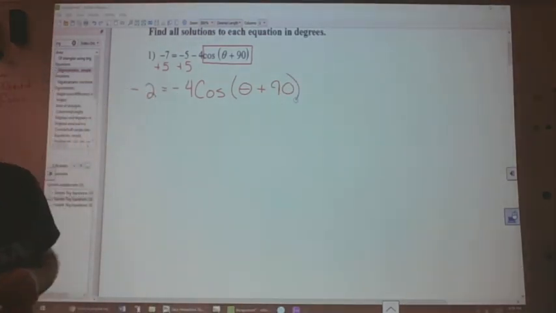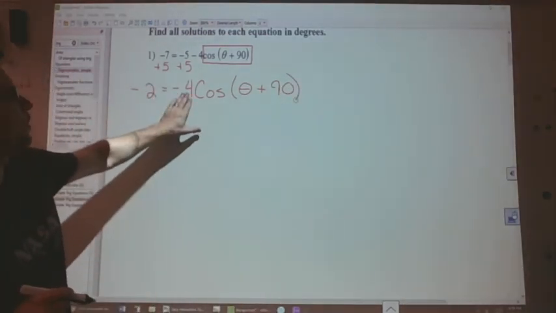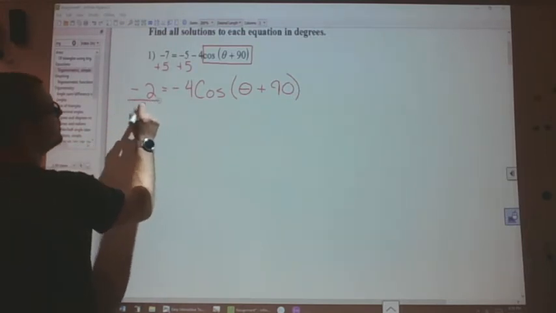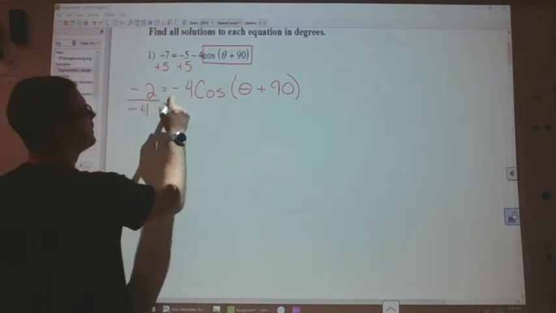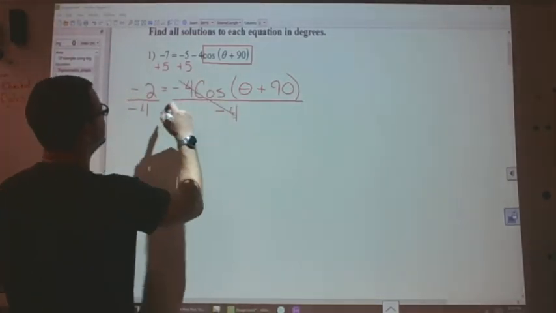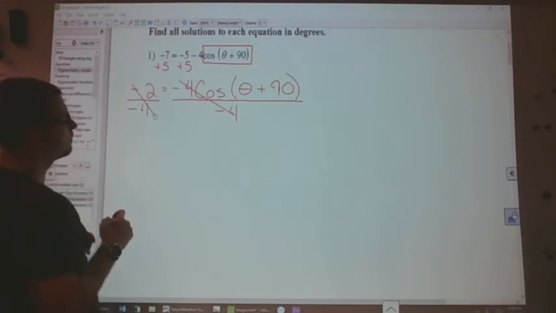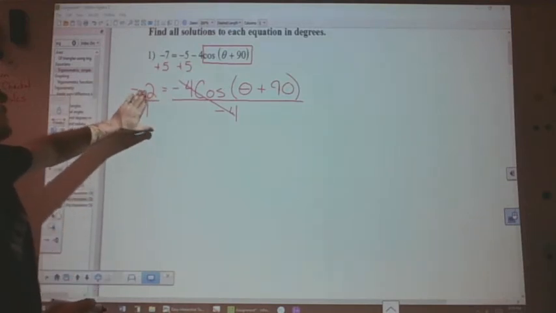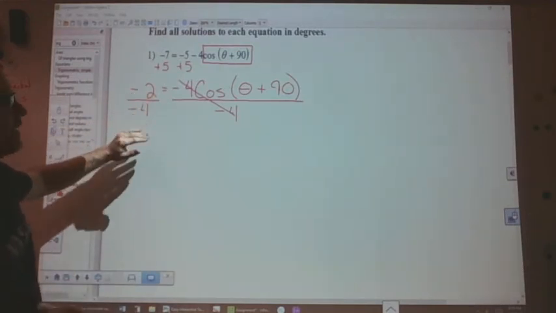Okay. And then we'll get rid of the -4 by division. So I'm going to divide now both sides by -4. Canceling here. Okay. Well, not canceling on that second side, but reducing on this side. -2 divided by -4 will give me -1/2.